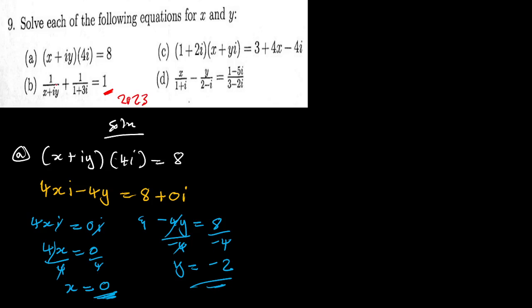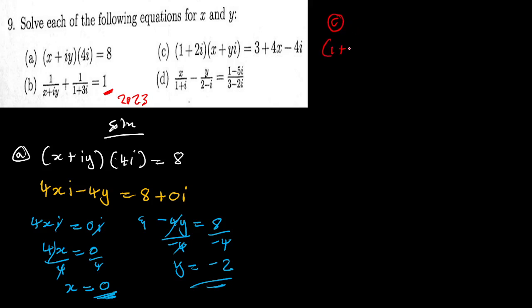I solved this type of question, B. So I'm going to skip B so that you go and watch that video, and then I'll solve D and C. Please go and watch my solutions on final exam 2023. I've solved B. So let's quickly look at C, which looks very easy.